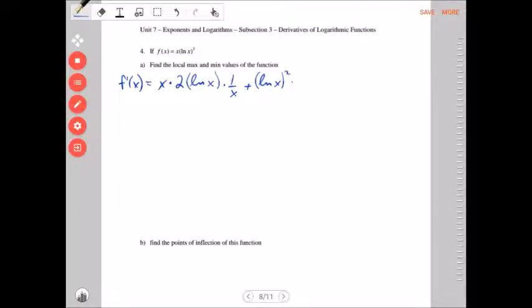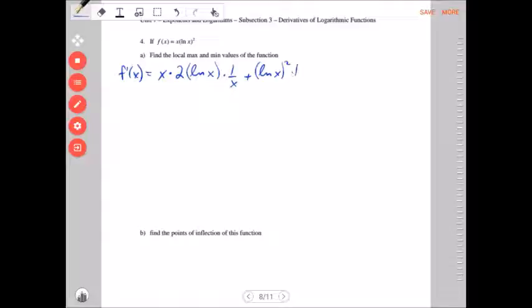So we really don't have to worry about that. We can if we want. Okay, no big deal. Now, simplifying, oh look, the x and the 1 over x cancel. And you have a ln x in both parts. So ln x times 2 plus ln x. So that's our first derivative.